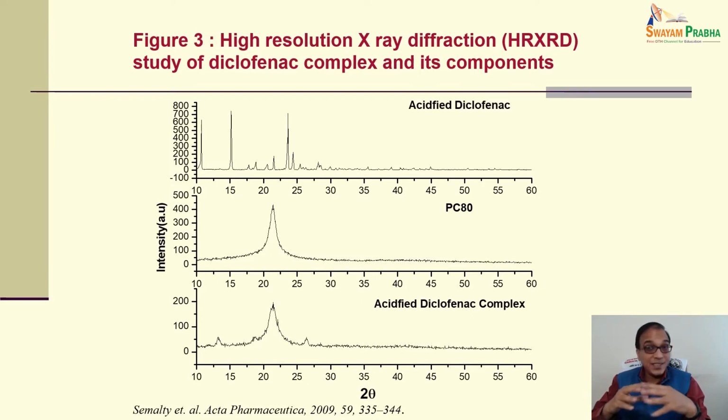So it indicates that there are changes in solid state characteristics, and the drug is moving from crystalline to the amorphous phase. Actually, in the complex phase the drug amorphization is occurring. Basically this is the turning point. You can say this is the governing point which is going to govern the solubility and the dissolution.